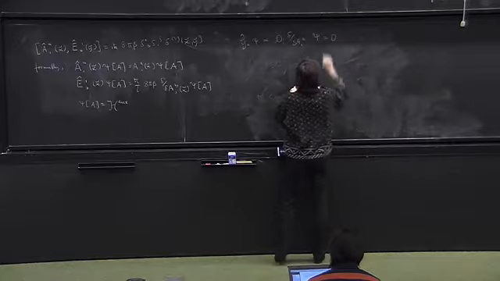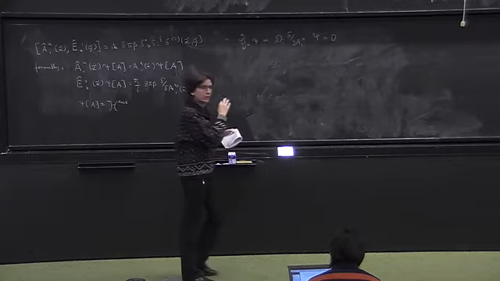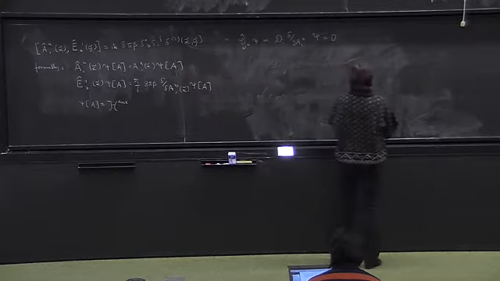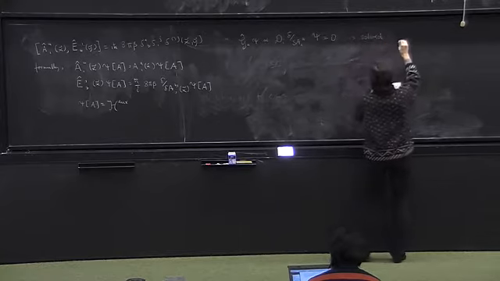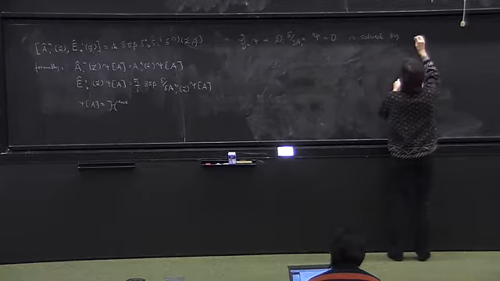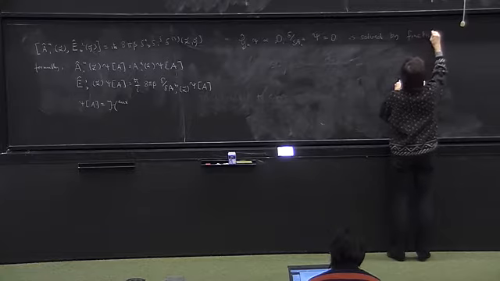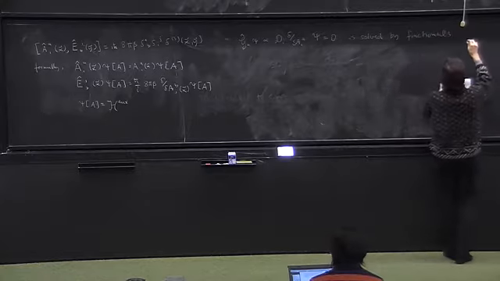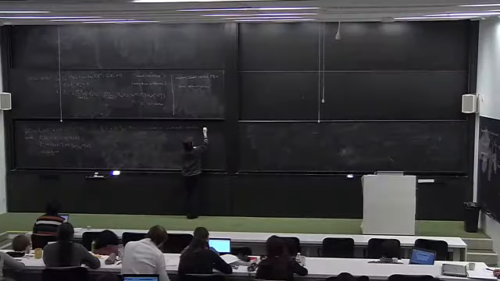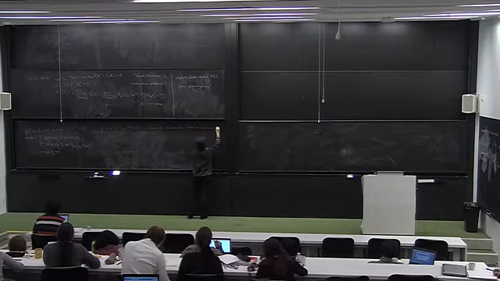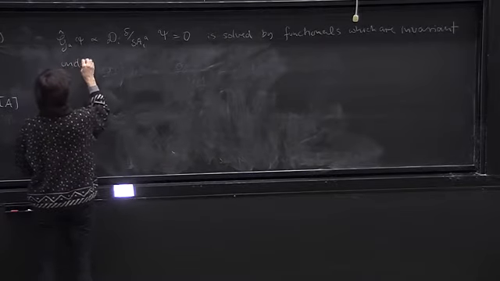Now, this equation, obtained by implementing in a Dirac quantization scheme the quantized Gauss laws, is solved by functionals that are gauge invariant, which are invariant under local gauge transformations.